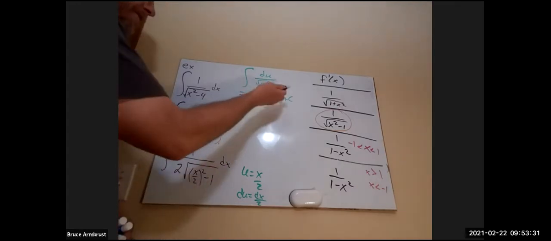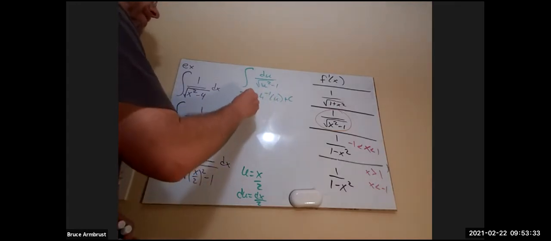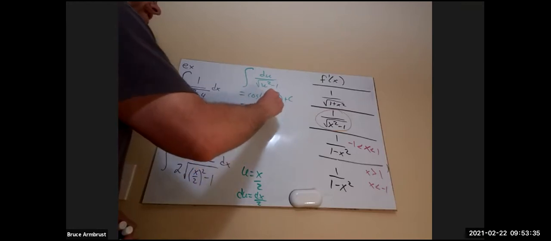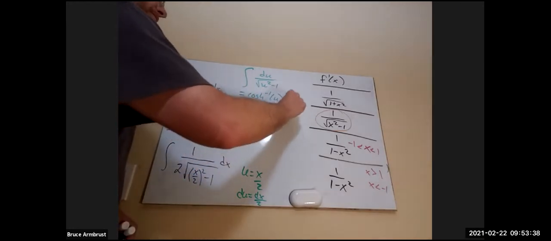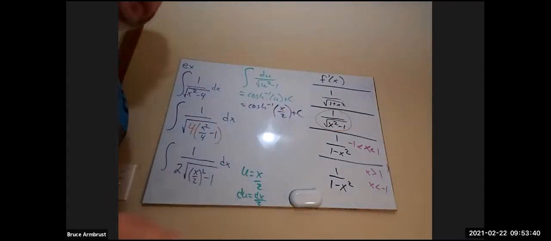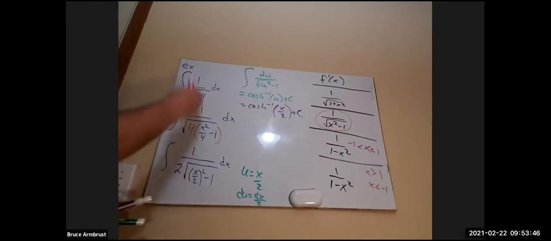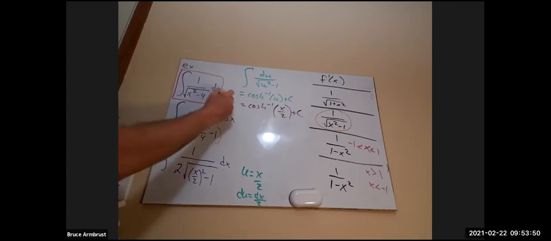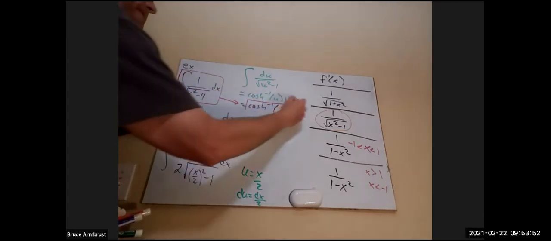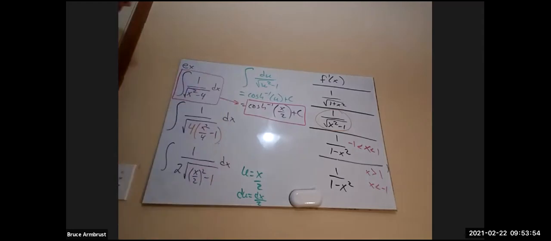Well, I got to replace the u. So this ends up being cosh inverse of x over 2 plus c. So we started with this integral, and we found its antiderivative.